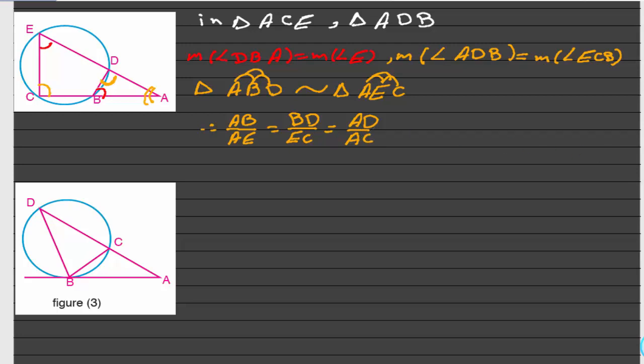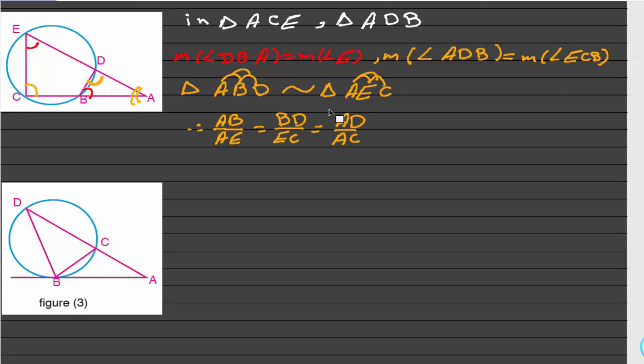And we consider the two ratios, AD over AC and AB over AE, and we make the cross multiplication. We will find that AD multiply AE equals AB multiply AC.